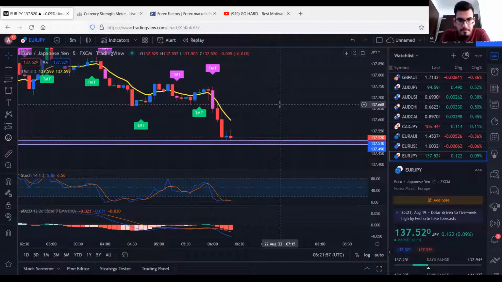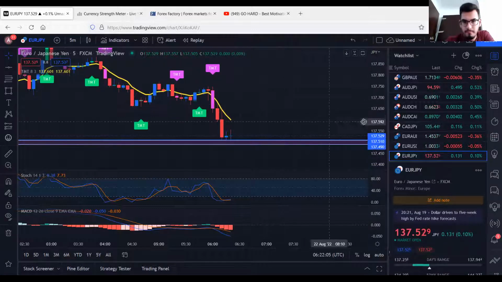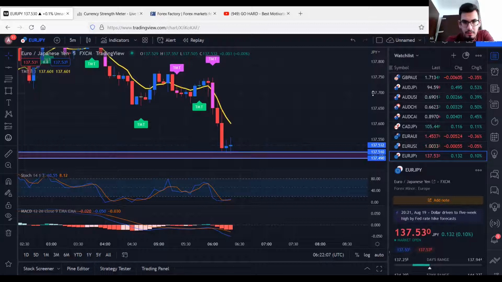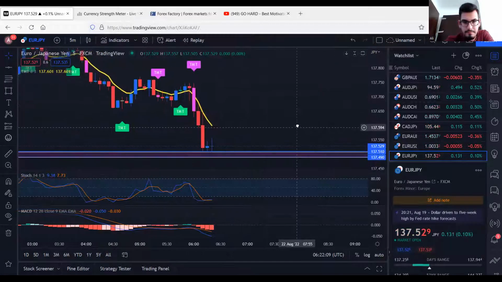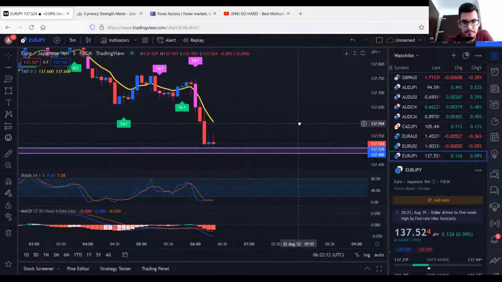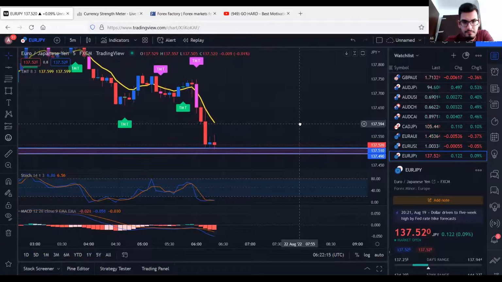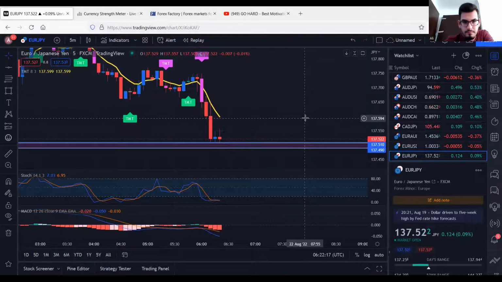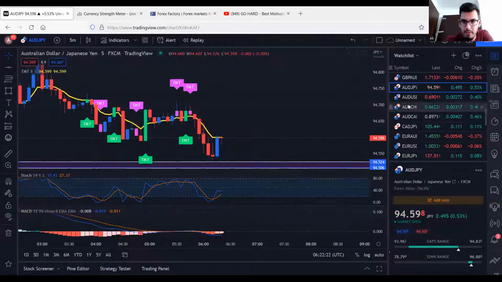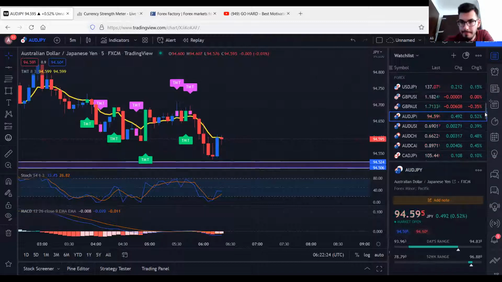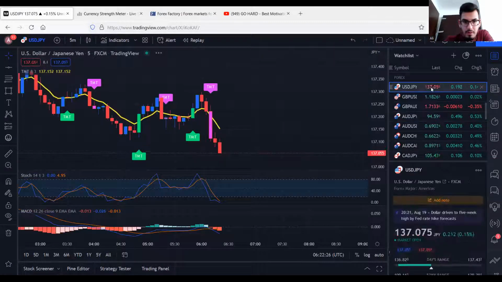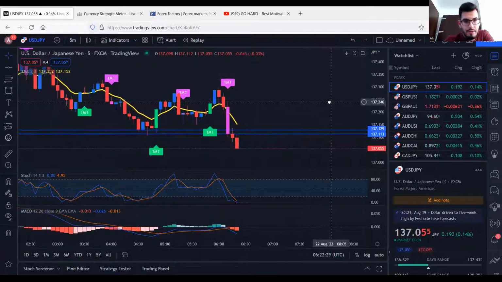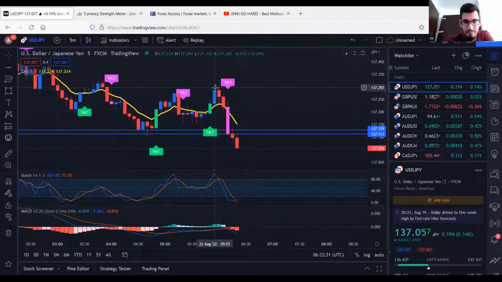Let's see now. The thing is, there's still 3 minutes left for that candle. So let's see. AUDJPY, nothing yet there. USDJPY is just running away. Look how many bearish candles it had.